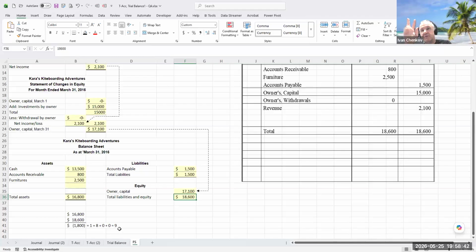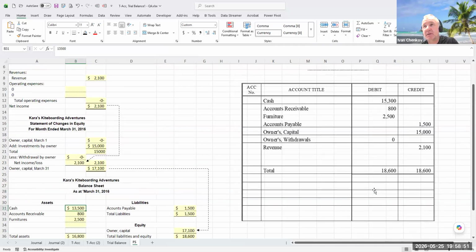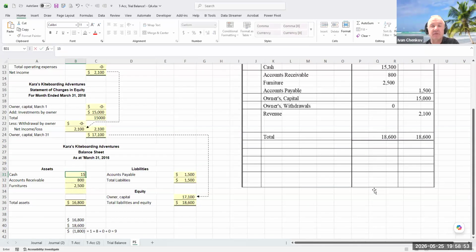So what you have to look for are flipped numbers. When we look closely, we find that this number is incorrect. It should be 15,300. If we do that, we balance.